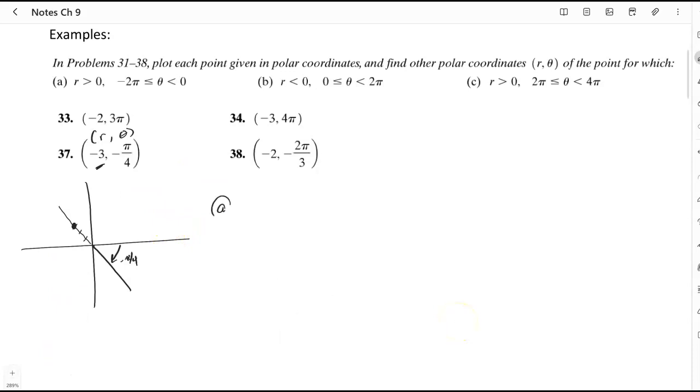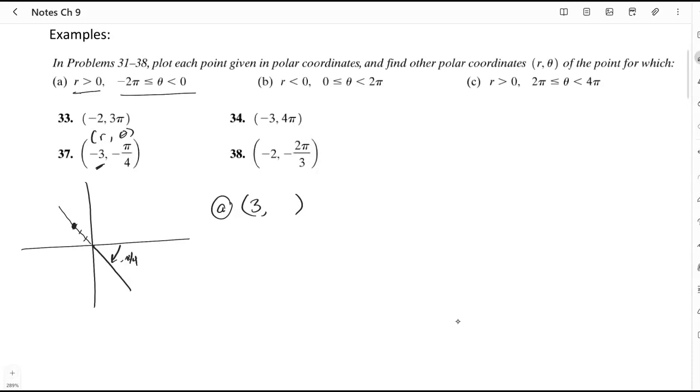So in part A, they're asking us to make r positive, but they want theta to be a negative value between negative 2 pi and 0. Well, if r is positive, then we have to have this as 3. The question is, what are we going to do with theta, and how are we going to force theta to be in here?